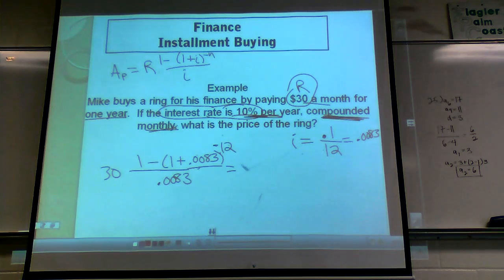Can someone do that for me? 1.0083 raised to the negative 12 is 0.9055. Then 1 minus that, divided by 0.0083.